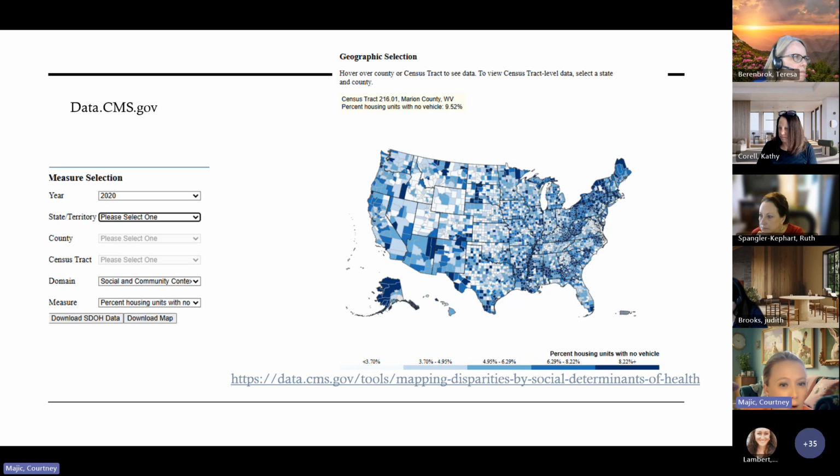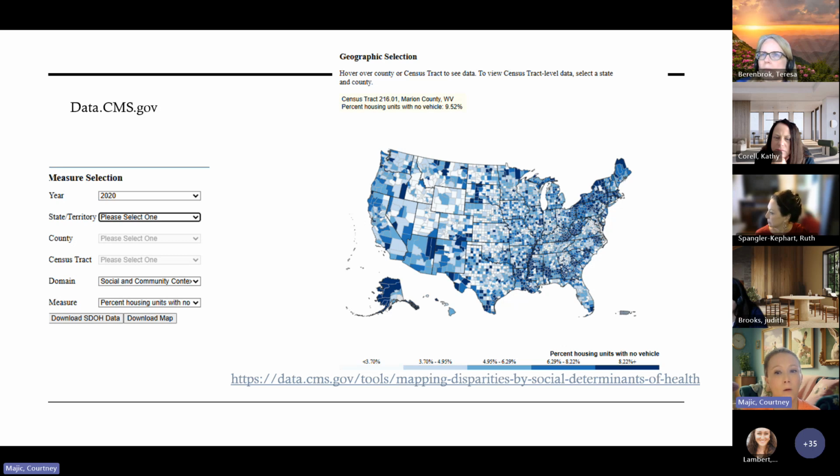On this one, I chose percent of housing with no transportation. So that would be those people that can't get to their doctor's appointments, which, when it comes to screening or just keeping up with your normal health maintenance, if you don't have transportation to get there, you're kind of stuck from step one because you can't even get there.